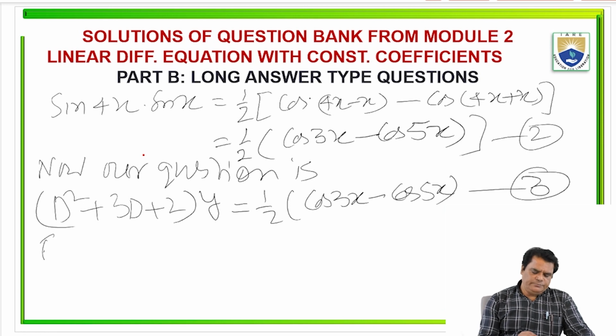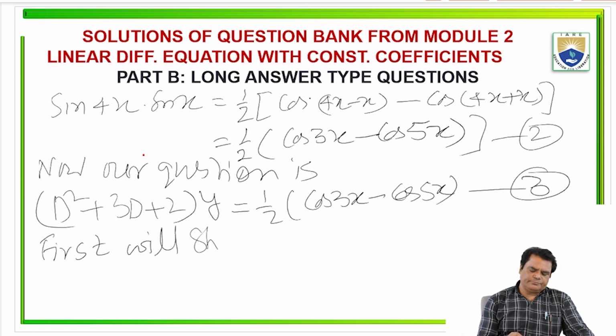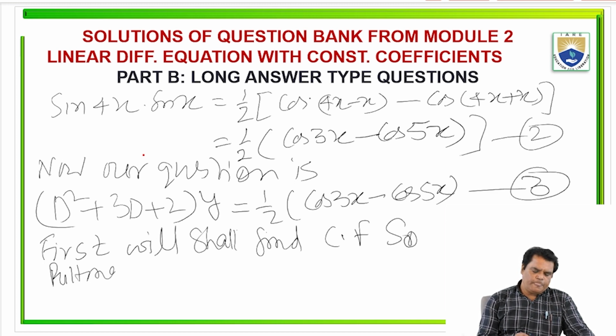So first we will find the CF, putting RHS equal to 0.